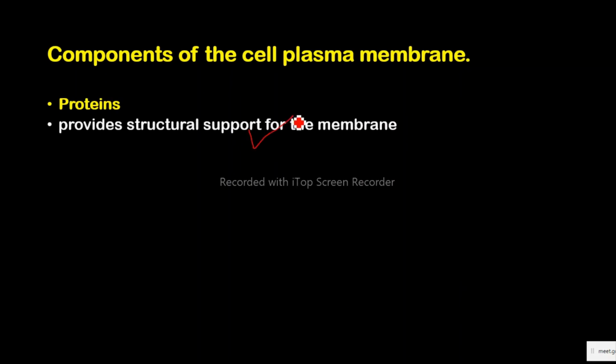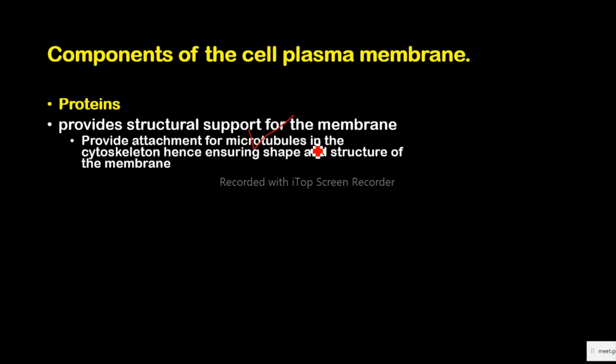They provide support, first of all, to the membrane, but that is not their primary function. How do they provide support? They provide attachment sites for the microtubules. Remember what we said, that the cytoskeleton is made up of a centriole, actually centrosome, which has two centrioles, and these centrosomes form microtubules.